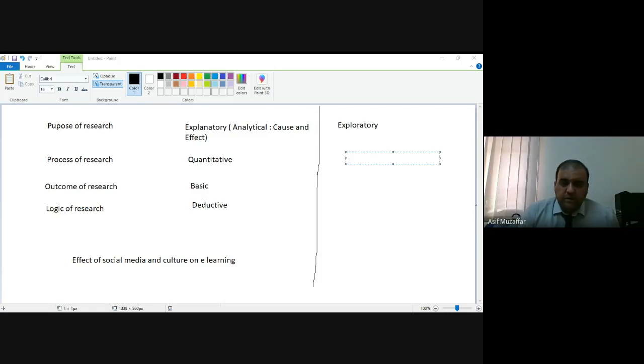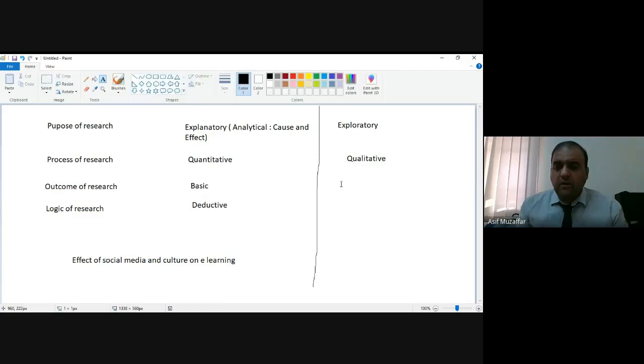You can either have interviews or you can have some experiments or observations. So it should be qualitative, right? Not quantitative. Because this is in the form of interviews or observations.